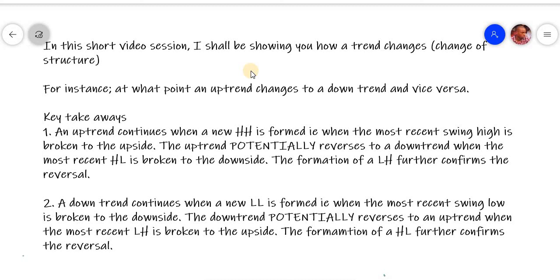This short video is going to be explaining to us, for instance, at what point an uptrend changes to a downtrend and vice versa.